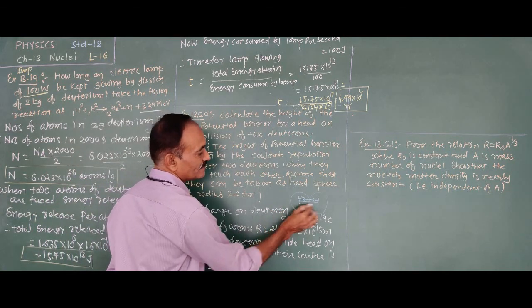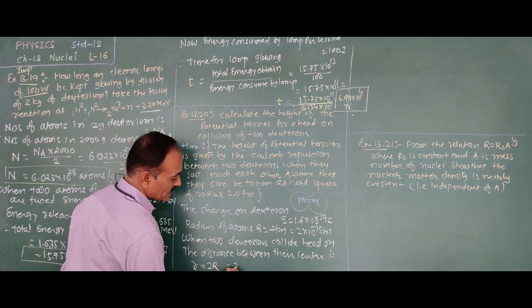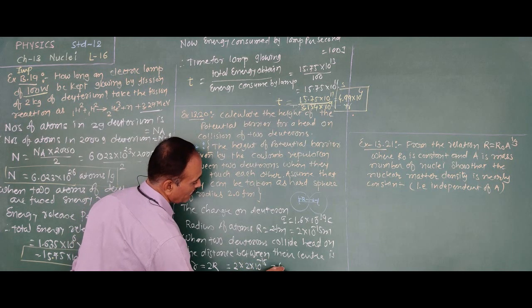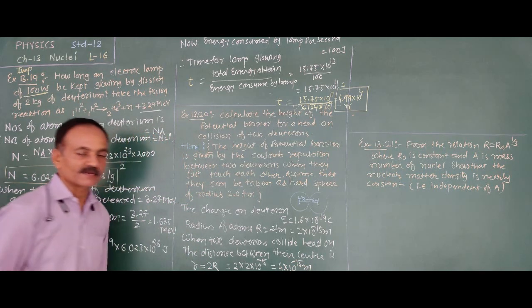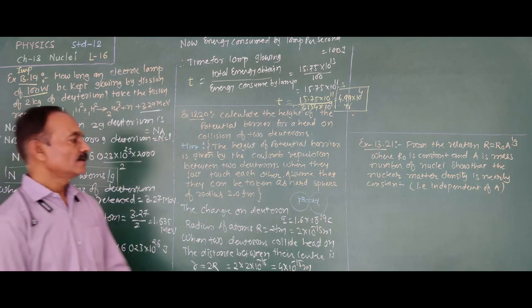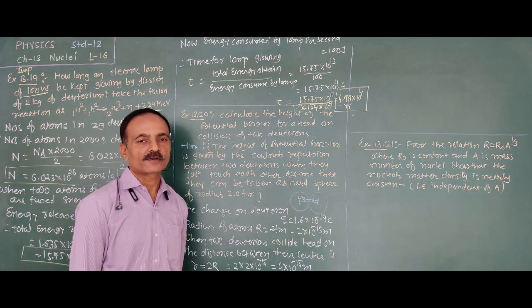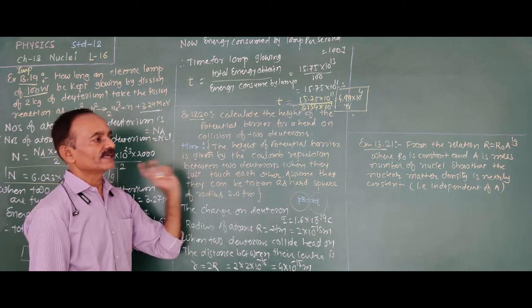There is the center. That means 2R, that means 2 into 2 into 10 to the power minus 15 meter, that means 4 into 10 to the power minus 15 meter. This is the separation between the centers of the two atoms of the deuterium when the head-on collision takes place according to the given hint.